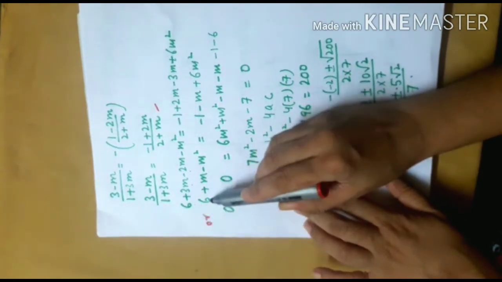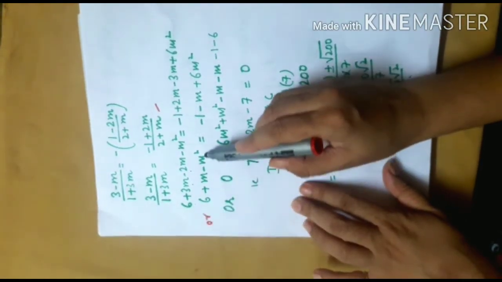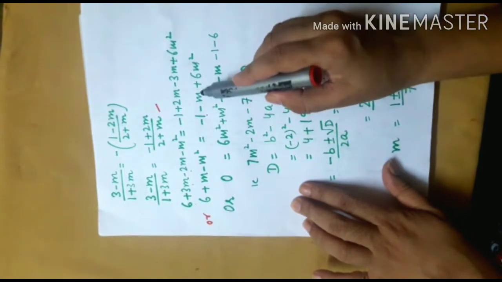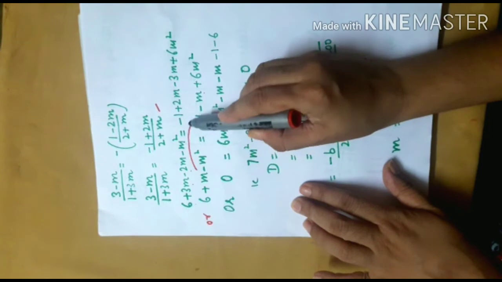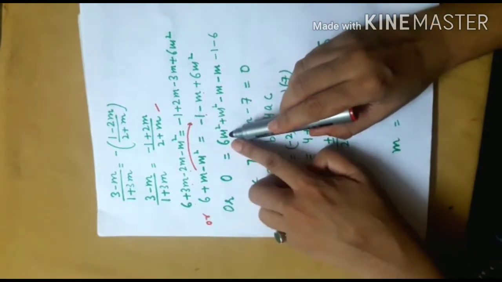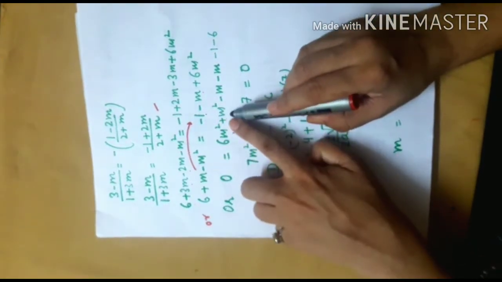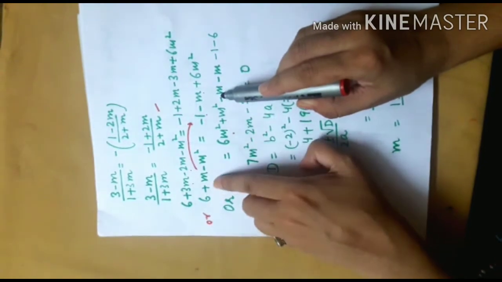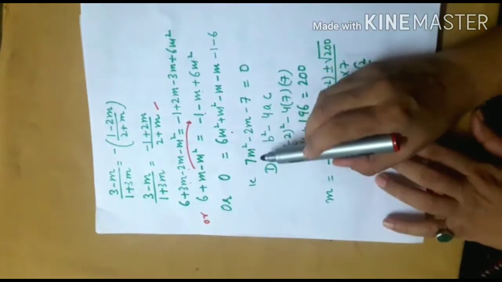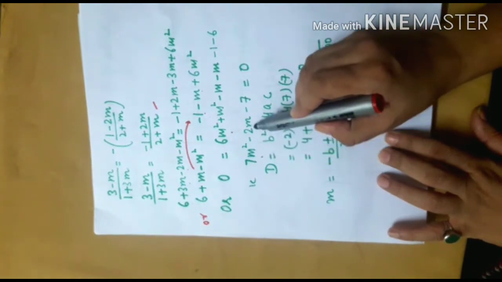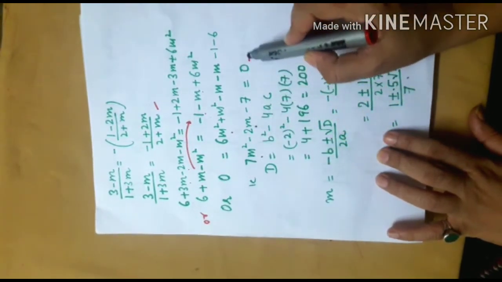That is 6 plus m minus m square equals minus 1 minus m plus 6m square. Transpose all the terms to this side. So I'll get 6m square plus m square minus m minus m minus 1 minus 6. So I'll get 7m square minus 2m minus 7 equals 0.